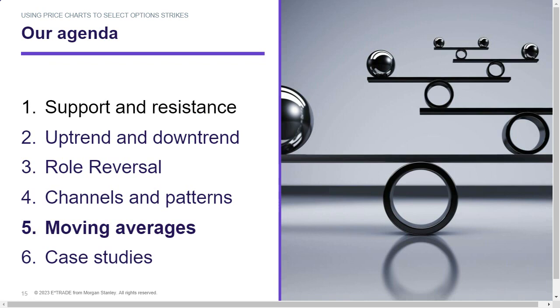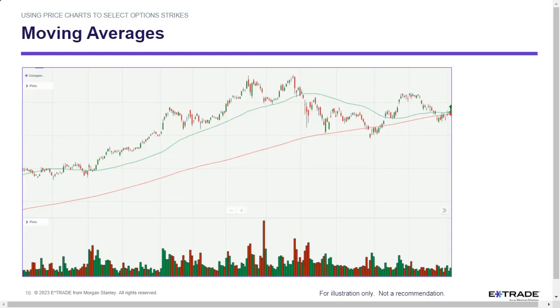Let's talk about moving averages for a moment here. Moving averages help me identify support and resistance, but without the subjectivity of some of the things we've talked about so far. My being able to identify a channel is not necessarily, there's still subjectivity there. I have to say, you know what, I think that's a support level.